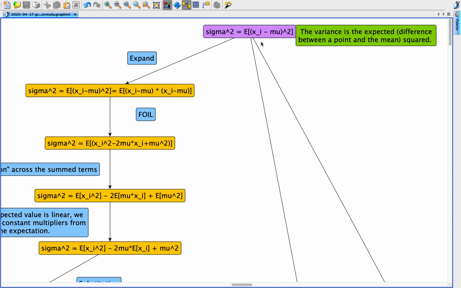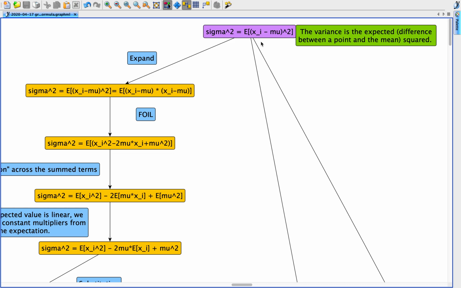So for any random point, we pick a random point, subtract the mean from it, and square it. And remember, I explained in a sort of hand-wavy way why we square our deviations in a previous video. The expected value of doing that operation, not an actual value, but the expected value, is going to be equal to the variance. That's what we mean by variance.